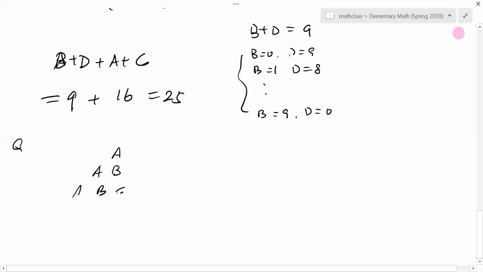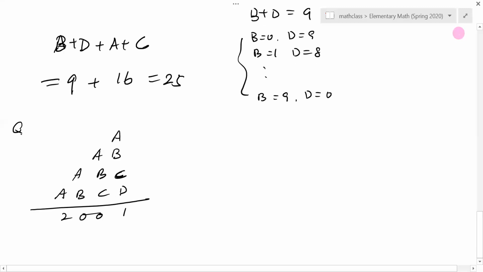A, B, A, B, A, B, C, and then you have A, B, C, D. So you got 2001. Now this was actually a problem created by some teacher in 2001.